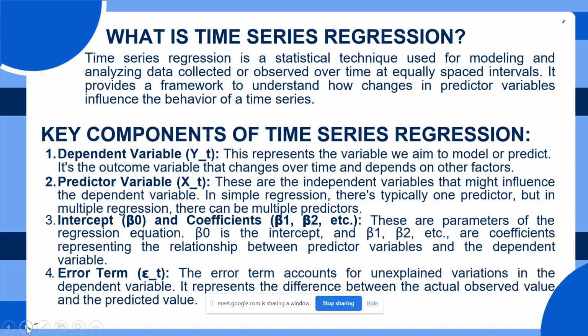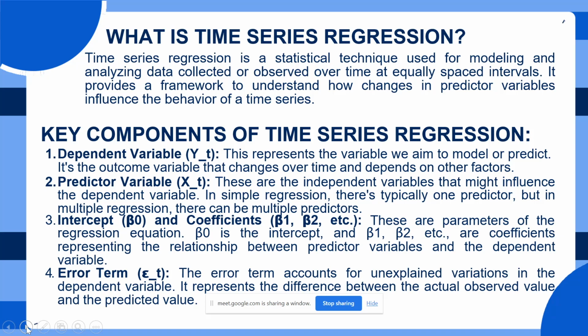Beta 0 is the intercept, and beta 1, beta 2, etc. are coefficients representing the relationship between predictor variables and the dependent variable. The intercept represents the expected value of the dependent variable when all predictor variables are zero, while the coefficients represent the strength and direction of the relationship between the predictor variable and the dependent variable.